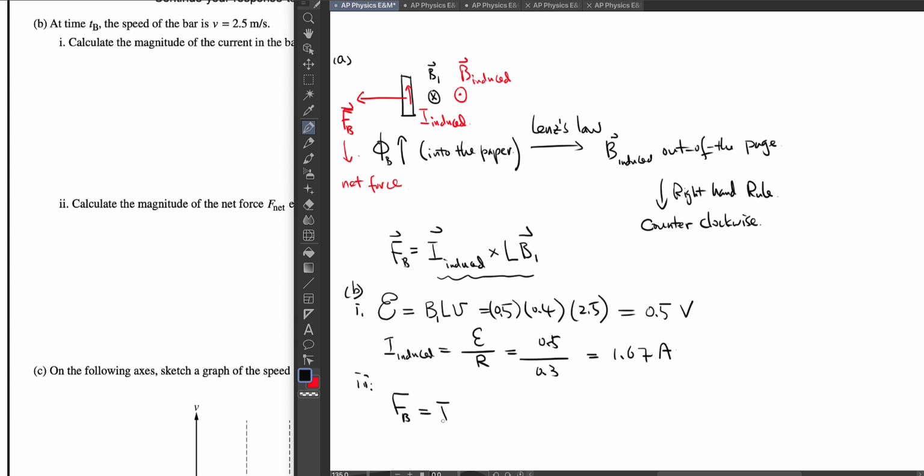So it's I induced L B. I is 1.67, L is 0.4, B is 0.5. So that gives us the magnetic force of 0.33 newtons. The direction is to the left. We already said that.